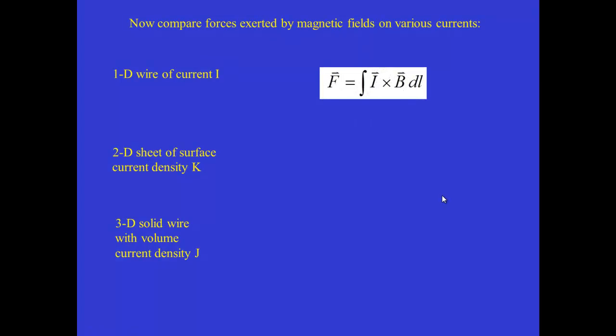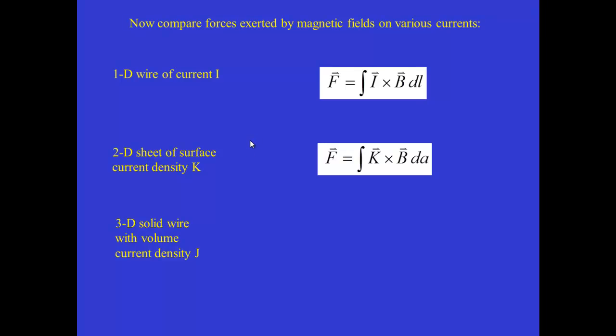Now, let's compare these three force equations that we've just derived. For the case of a one-dimensional wire that carries current I, the force is the integral of I dl cross B along the length of the wire. For a surface that's carrying a current density K, the force is the integral of K cross B over the area of the sheet or the surface.